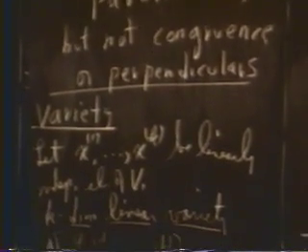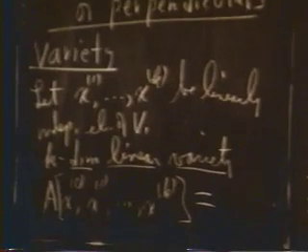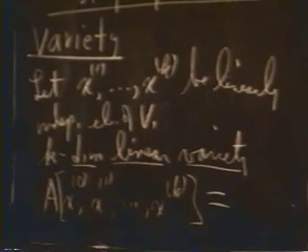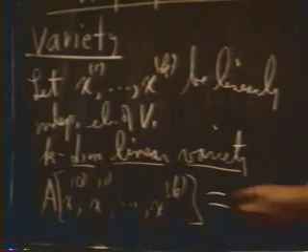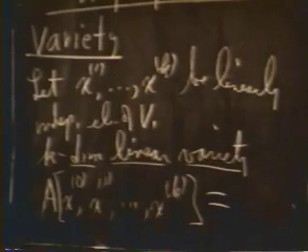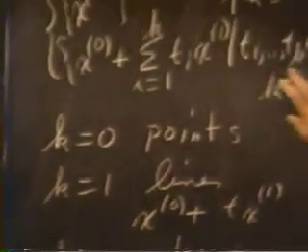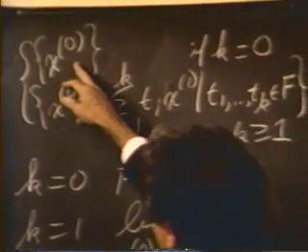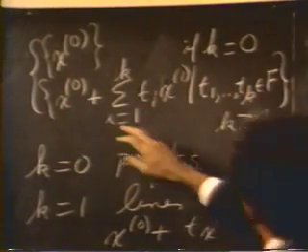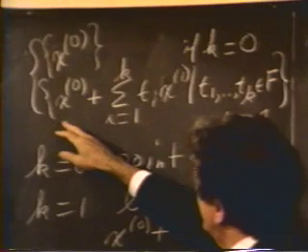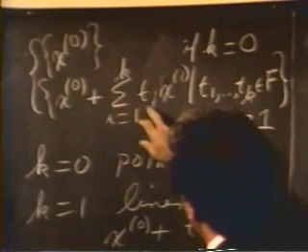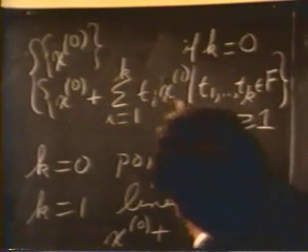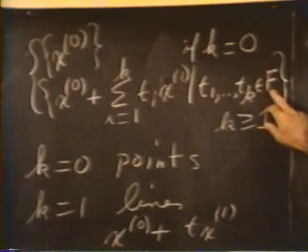Let x1 to xk be linearly independent elements or vectors of V. A k-dimensional linear variety, which I'll call capital A and put in brackets x0, x1, ..., xk, is the set of all elements of V such that it is either the single element x0 in case k equals 0, or it's the set of all elements of V defined as follows: x0 plus the sum of the products t_i x_i, where t1 to tk are any scalars in F.